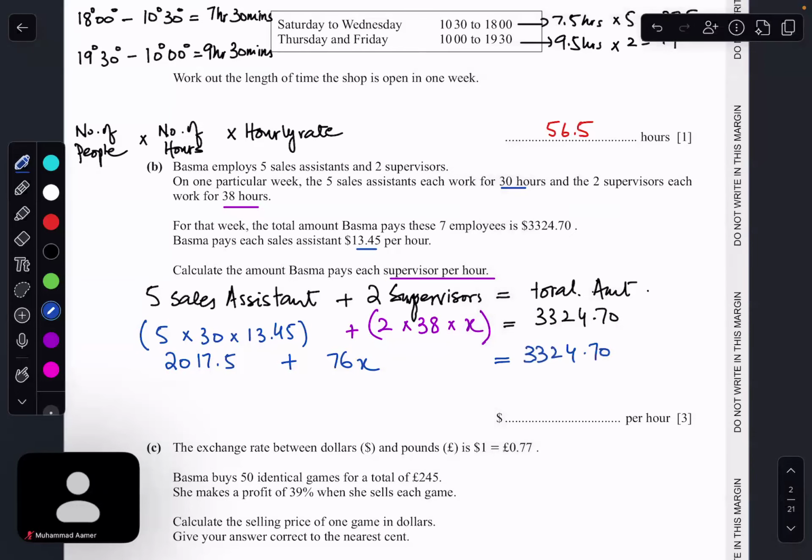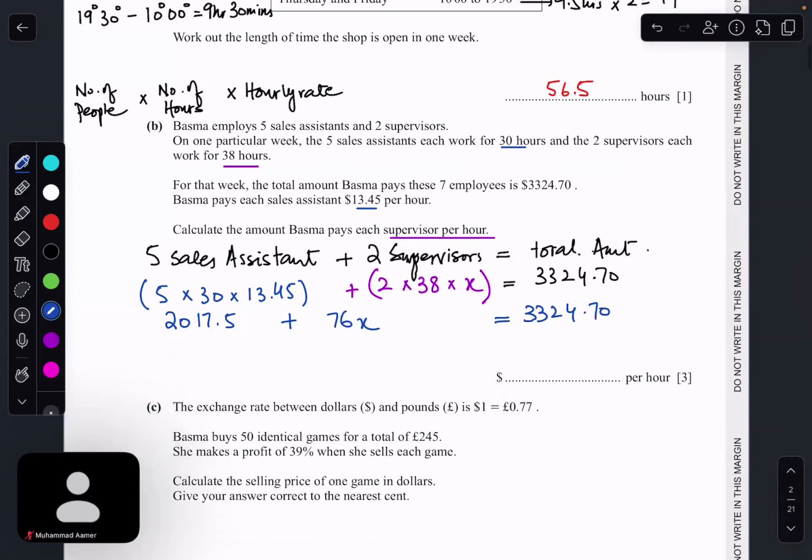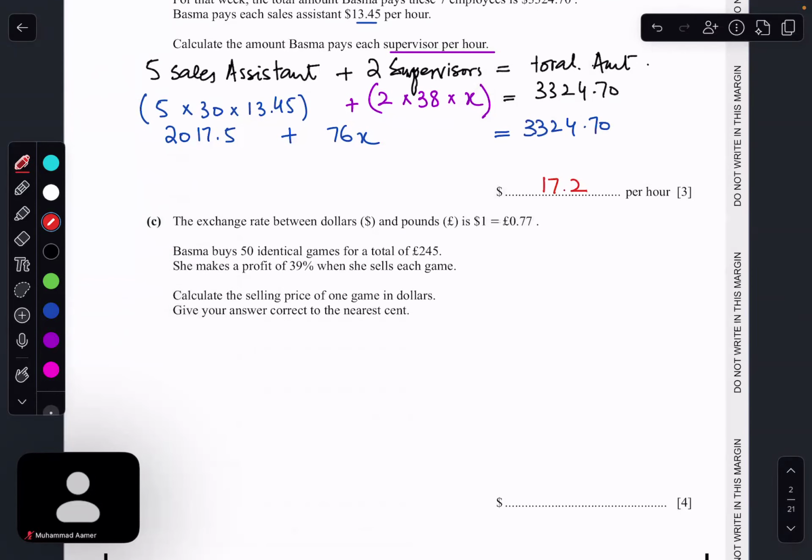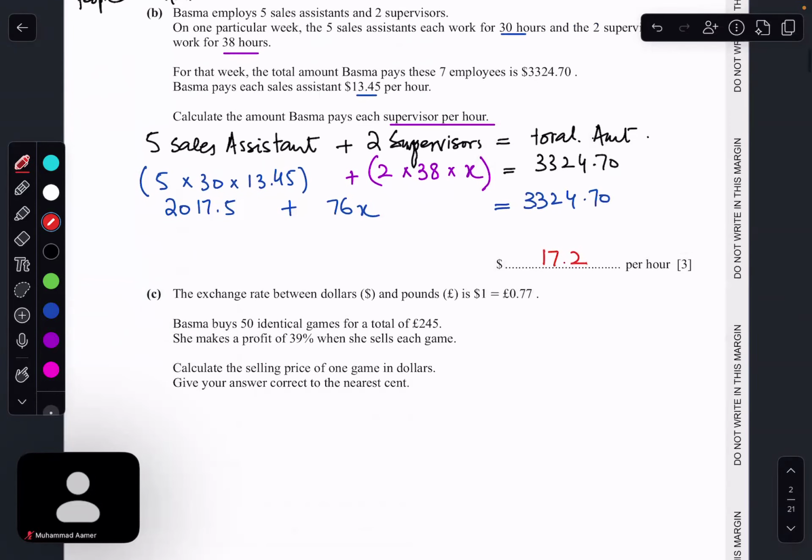Okay. Rearrange this and we are going to find the value of x that should be, according to the answer over here, 17.2 per hour. Okay. So keep on checking. Is there anyone whose answer is not correct?